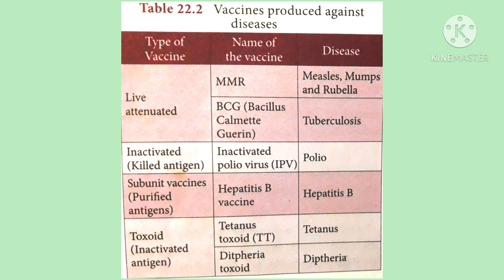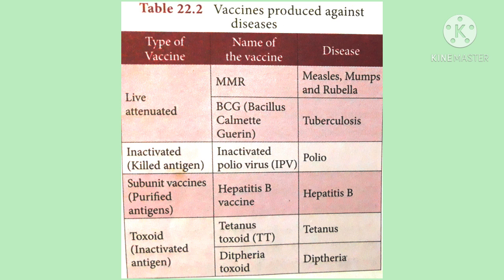Disease, tuberculosis. Next, type of vaccine, inactivated, that means killed antigen. Name of the vaccine, inactivated poliovirus. Disease, polio.